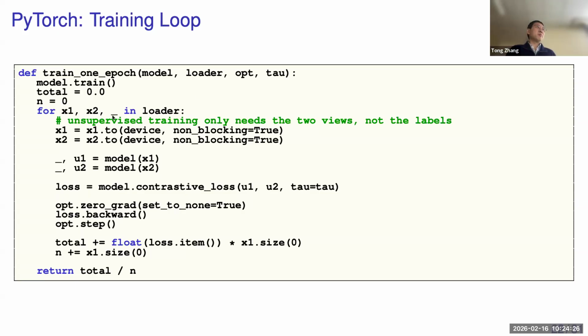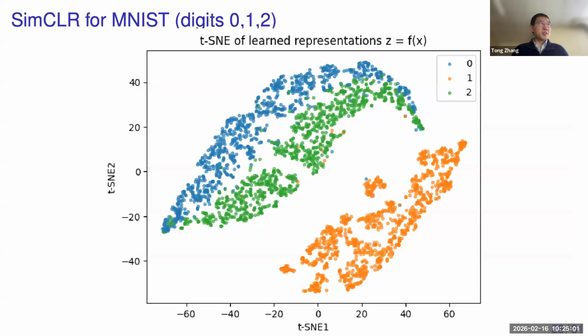So this is Y. Since this is unsupervised, we don't need a label. We just need these perturbed versions of the same image, and then you get U, which is what you want. You can disregard G in your model. Then you compute the loss function with this U, and then you do the backprop. So that's about the whole thing.